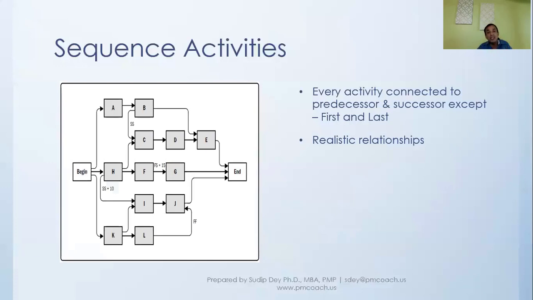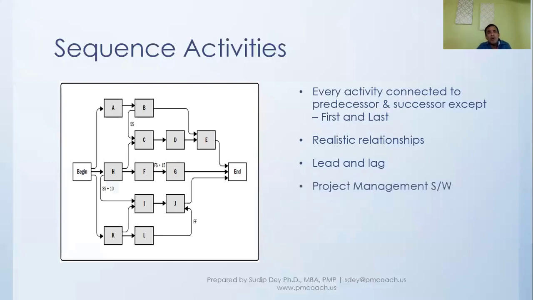So there has to be a realistic relationship. If there is a lag, for example, one activity has to wait before the previous one is finished, we have to take that into consideration. Or even if it can start before the other one is finished, that also is something that we call lead, and we have to take that into consideration when we are sequencing the activities.